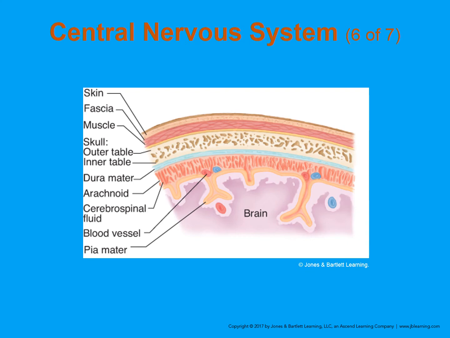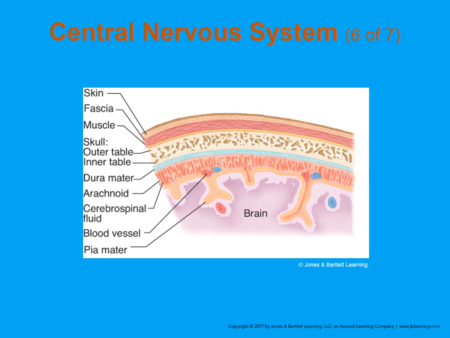And that's another reason why we always need to be thinking about potential trauma causing this altered level of consciousness, because not all traumatic brain injuries happen immediately. The case in point being the subdural hemorrhage is going to be a slower onset.